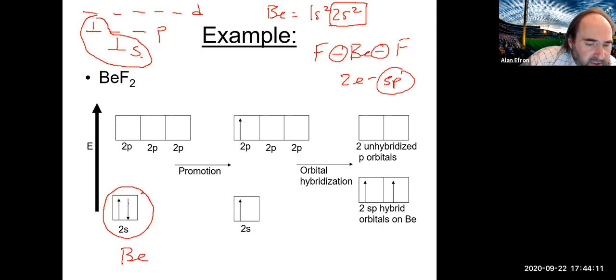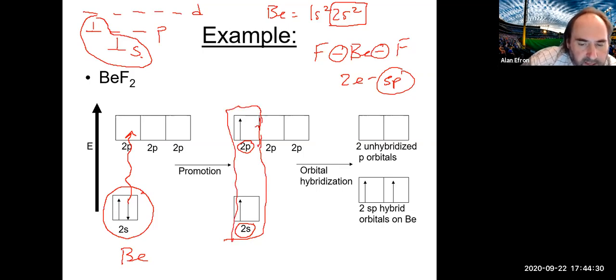So one of these electrons in the lower energy level is going to work its way up to the higher energy level. And what you'll now have is an electron in a p orbital, and you'll have an electron in an s orbital.